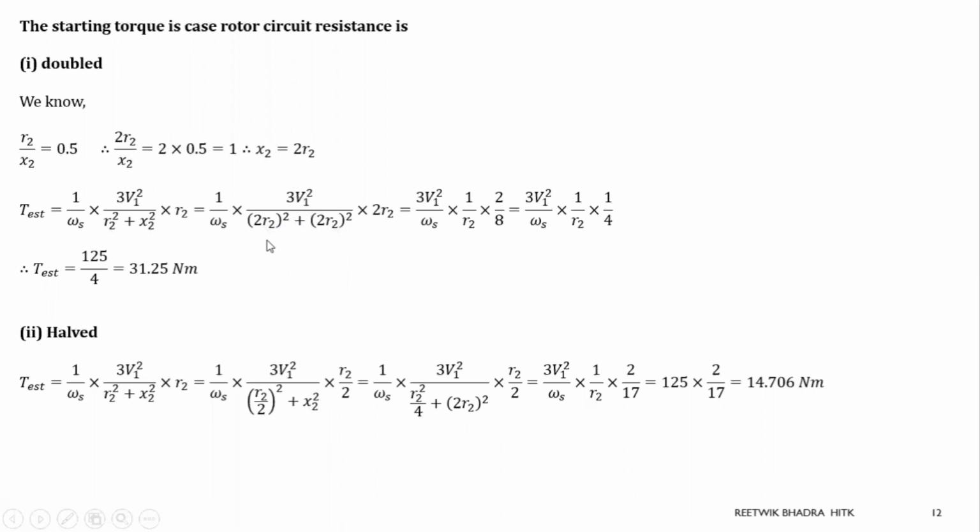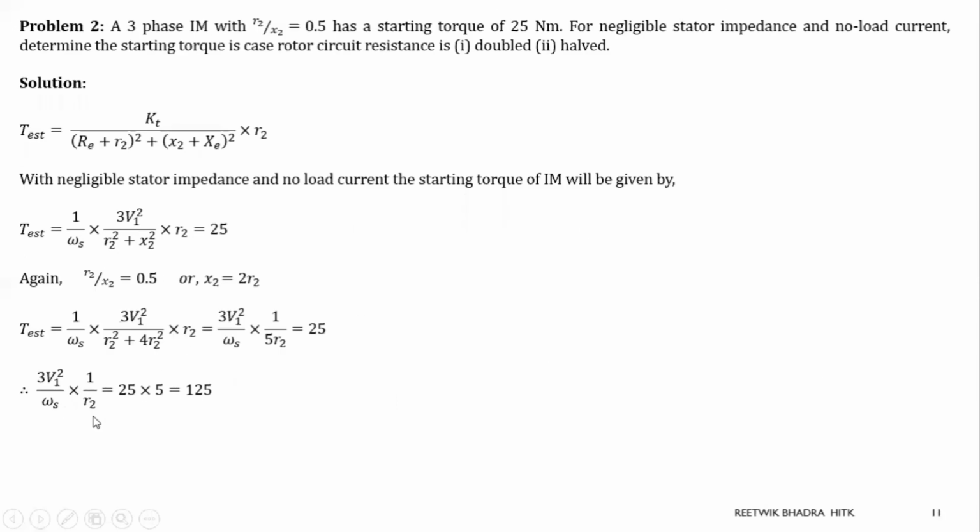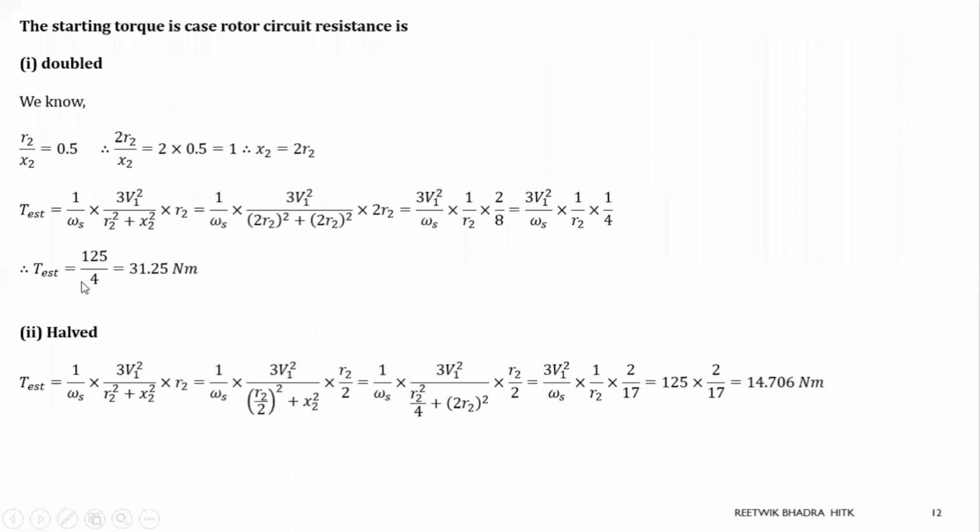So 3V1 square by omega S over 4 R2 square plus 4 R2 square, so 4 plus 4 gives you 8. So 2 divided by 8 gives you 1 by 4. And what is the remaining term? 3V1 square by omega S into R2, which is already calculated to be 125. Substitute it over here. So 125 by 4 gives you 31.25 Newton meter.